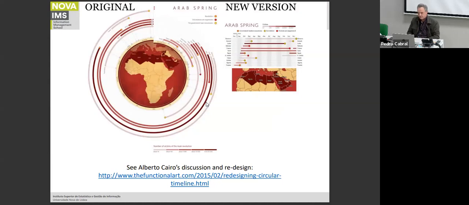Okay, here you have a very interesting example. This is a very well-known chart. On the left, we have the original representing the Arab Spring, in which we have countries with different colors, and we have a cyclic representation, so it represents time. And we have the date of the events starting and ending in each country.